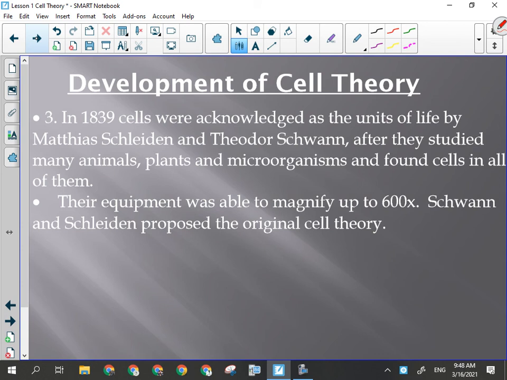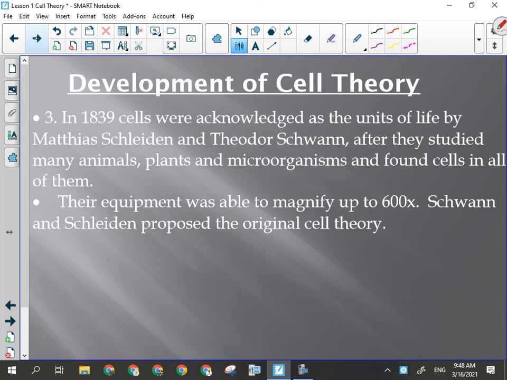They looked at tissue from all kinds of organisms, from humans to bacteria, mosses, all kinds of plants, all kinds of animals, and they found cells in all of them. They also discovered that cells had a lot of similarities, regardless of whether they came from plants or animals. There were obviously differences, but there were a lot of similarities as well, which led them to the second point, that cells carry out the basic functions of the organism.